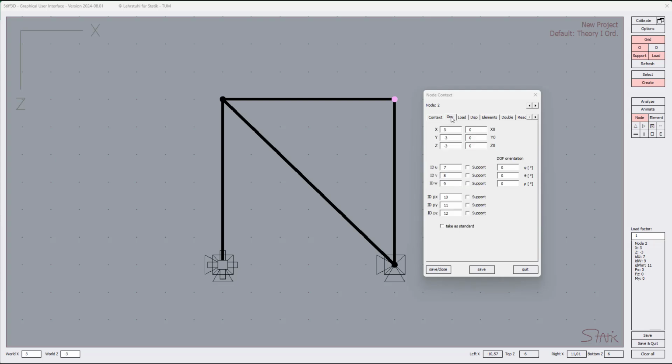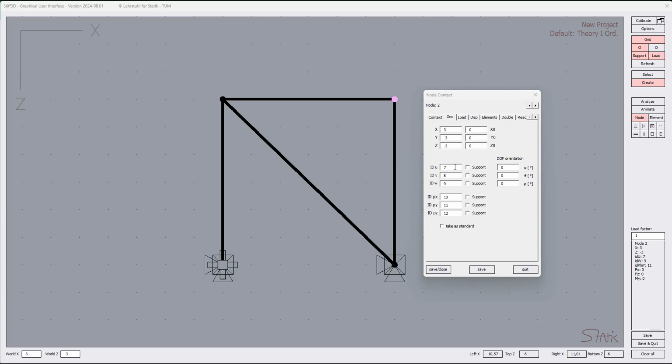Let's go to Geo. Here you see everything about the position of this node in space with the X, Y, and Z coordinates. And you see also some predefined values which are interesting with respect to the reference geometry and the cutting pattern in the context of form finding.